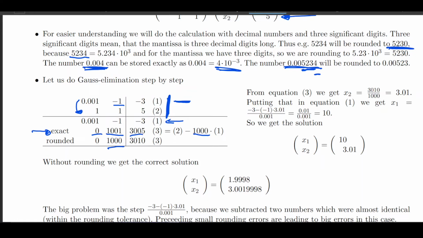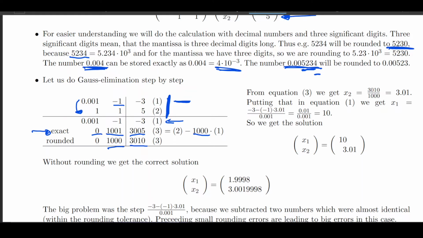And here, the right-hand side, 1000 times minus 3, and then 5 minus that number, so we get 3005, and this number will be rounded to 3010. And then we have our LU decomposition, or our triangle structure.